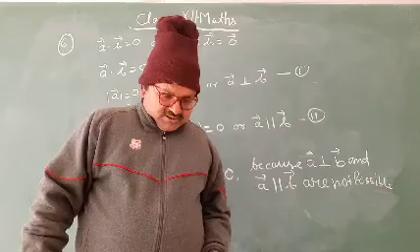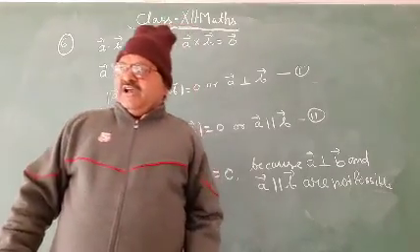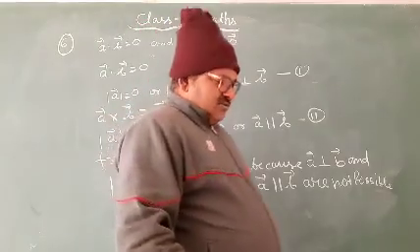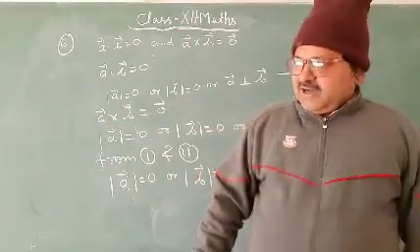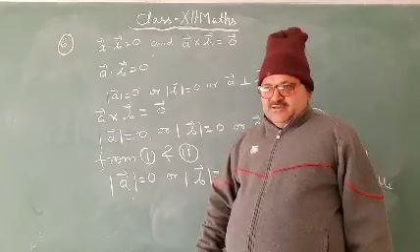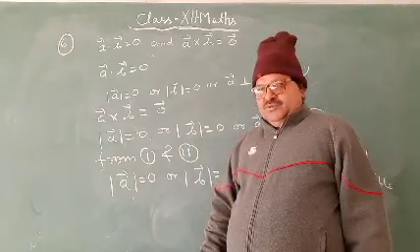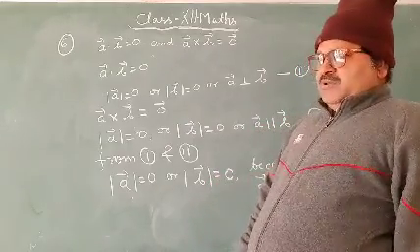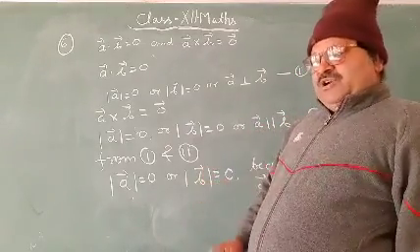So we conclude that if the dot product and cross product of two vectors both become 0, then the modulus of each vector equals 0.